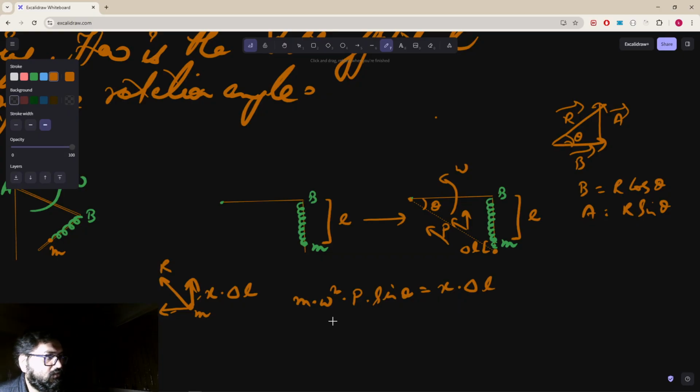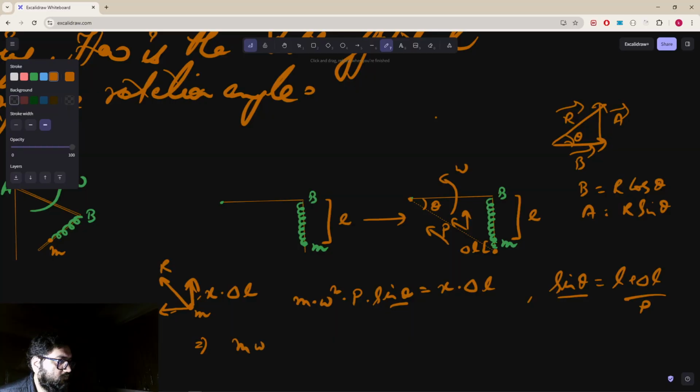Now sine theta is nothing else but L plus delta L divided by p. If I put this value of sine theta in here, I get m omega square times L plus delta L is equal to x times delta L.